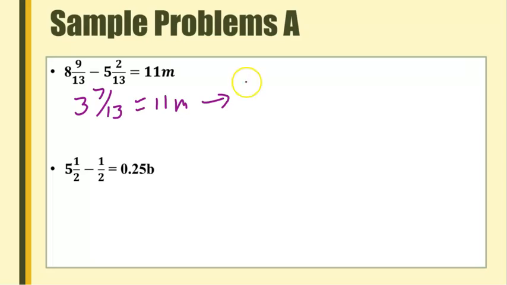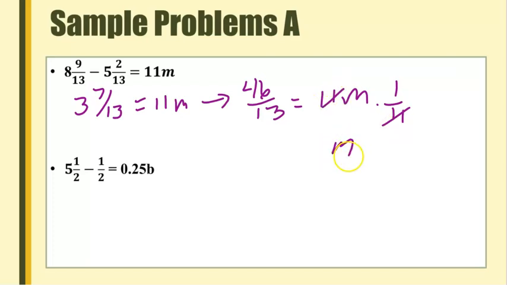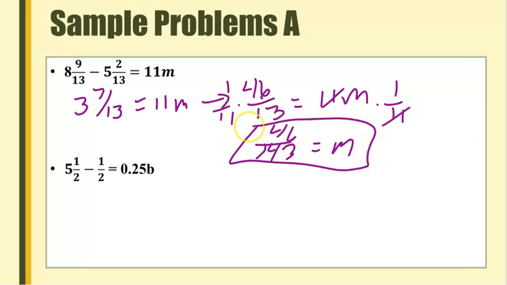So this is 46 over 13 equals 11m. So I'm going to multiply this by 1 over 11 to get m by itself. And 11 times 13 is 143. So we have 46 over 143. And I cannot simplify that further, so that's what m would equal.